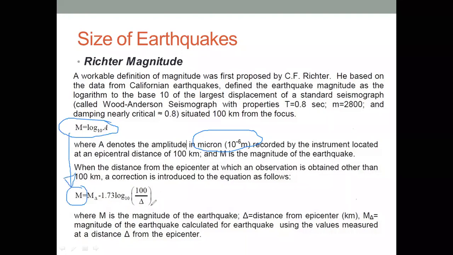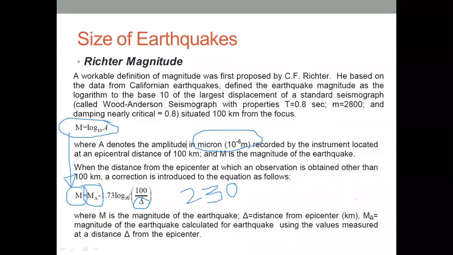Then again, this is equal to 230 kilometer. So 230 kilometer is 4.98. So there is this value, I mean this value M del, right? No, sir.